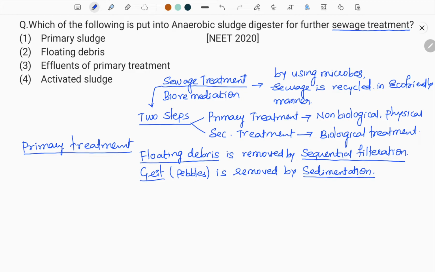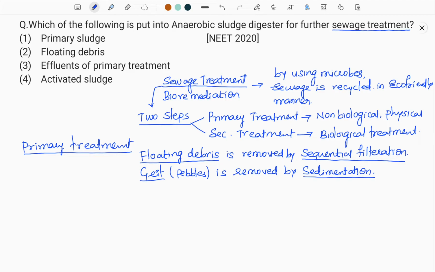Now, after removing the floating debris and the grit, what remains after the primary treatment? The effluents or supernatant remain after the primary treatment, and these are sent for the secondary treatment.